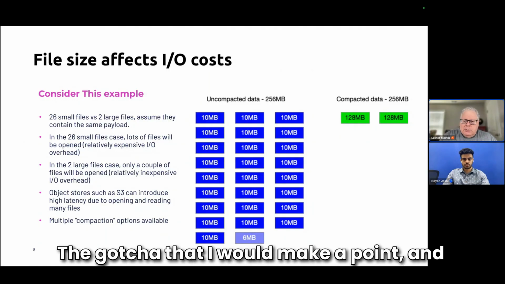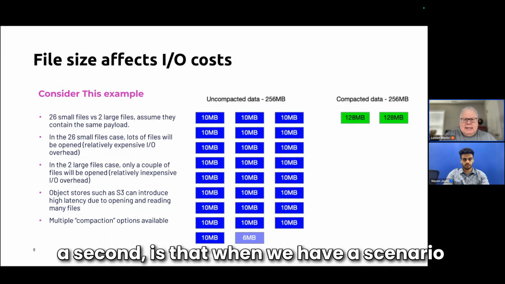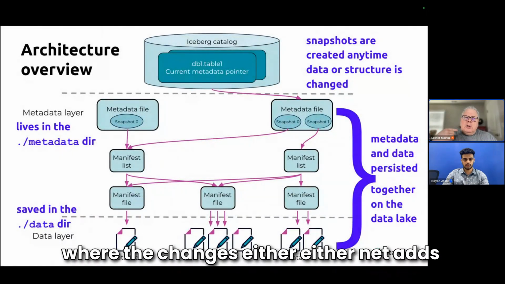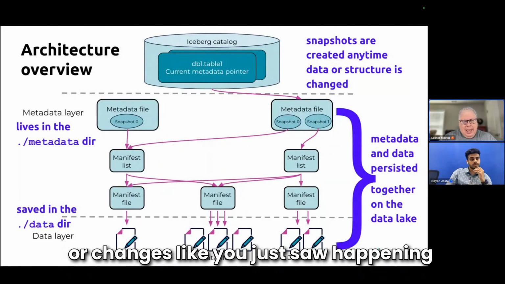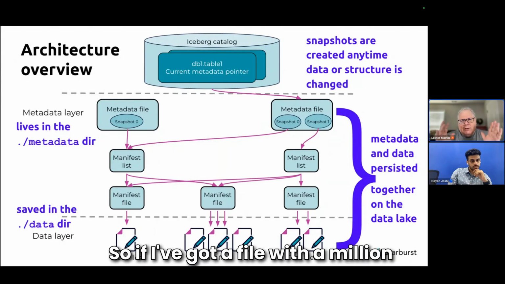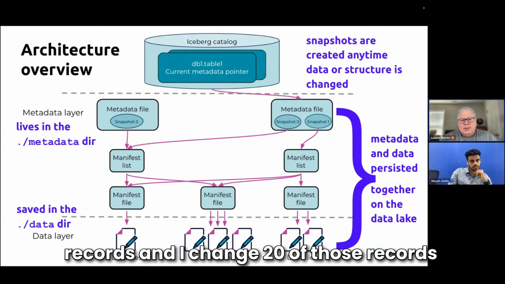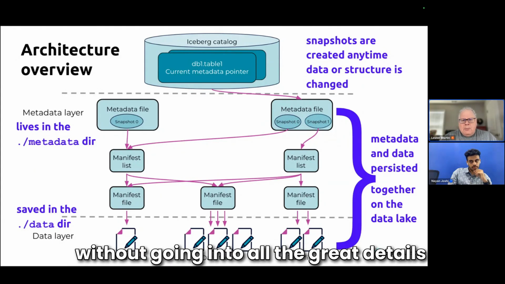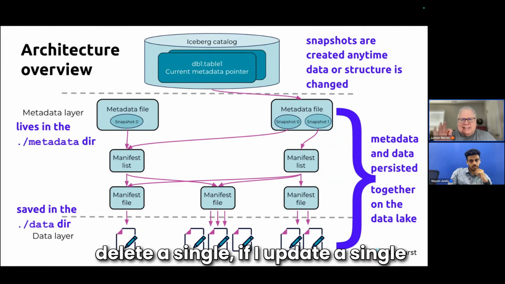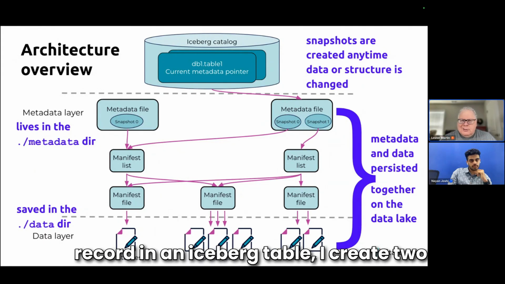The gotcha I would point out, and I'm going to show you these file sizes in a second, is that when we have a scenario with net adds or changes like you just saw happening there, we are going to end up with smaller files, because these files are immutable. So if I've got a file with 1 million records and I change 20 of those records, without going into all the great details about delete files, if I update a single record in an Iceberg table, I create 2 more files.